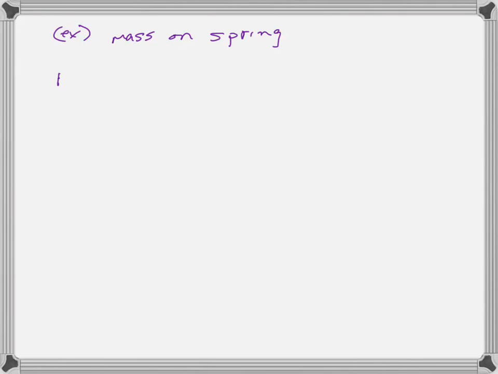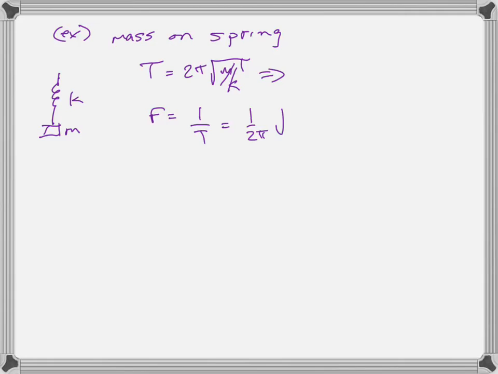So let's think about our mass on a spring, m and k, and the things that we know about it. The period for a mass on a spring is 2 pi square root of m over k, and therefore the frequency is 1 over the period, which is 1 over 2 pi square root of k over m.